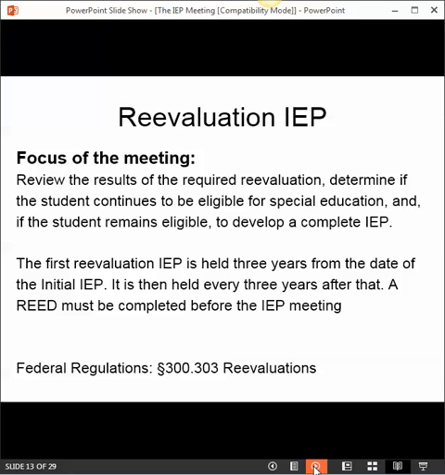The annual review is to review the IEP plan that the student's working through, to determine if it's good and if they're making progress. The reevaluation IEP has to be done because if there's any changes and if the student's eligibility changes, you may determine that they no longer need special ed services at this time. So the reevaluation IEP is to determine if the student remains eligible for special education.